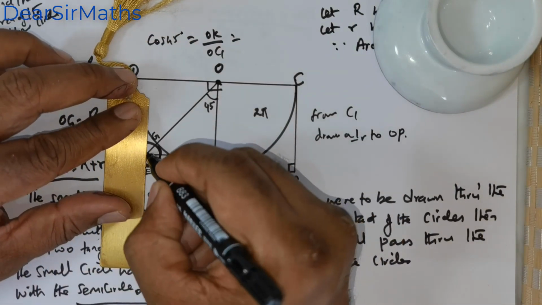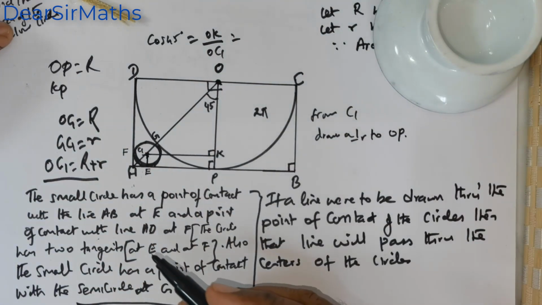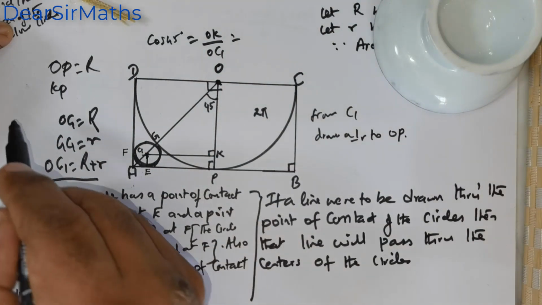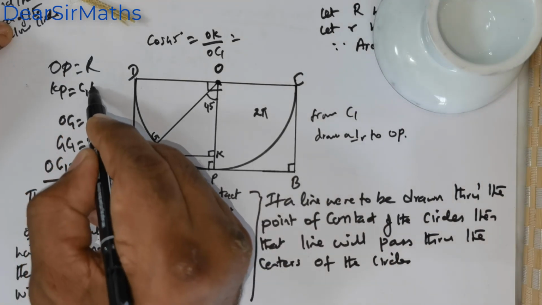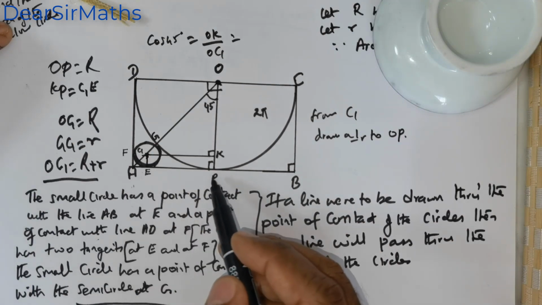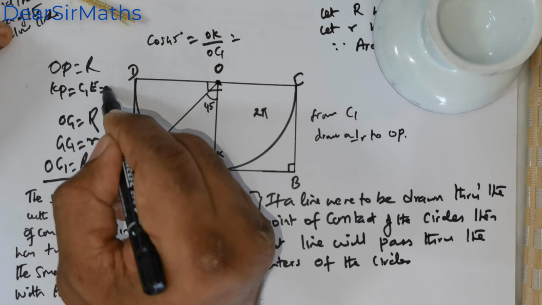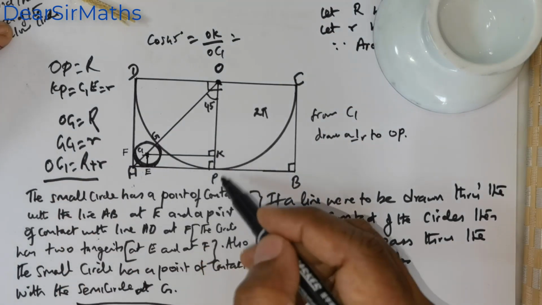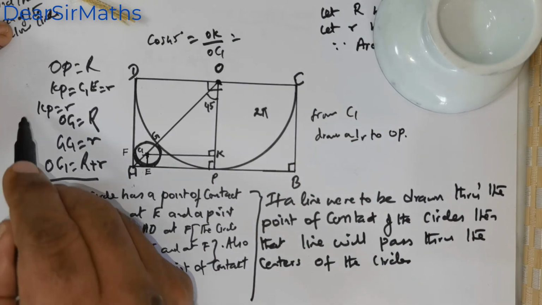What is C1E? C1E is nothing but the radius of the small circle. C1E and KP are actually in line. They form the sides of a rectangle. So I've taken C1E to be the radius of the small circle, which means KP is equal to small r, right?